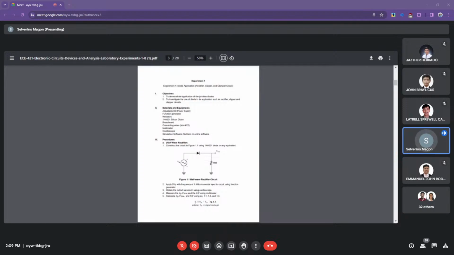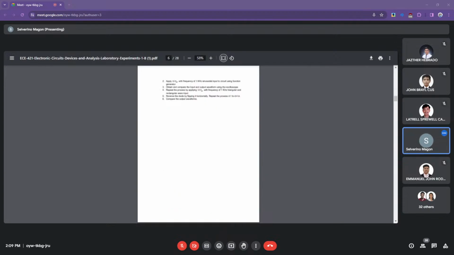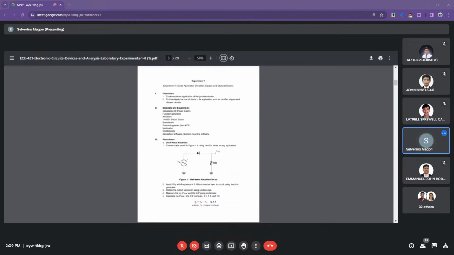There are various circuits that you're going to build based on the instructions and the specifications provided. For experiment one only, it's up to you if you want to perform this using software simulation or physical implementation. So you have the flexibility or option to work on the actual hardware or the simulation.